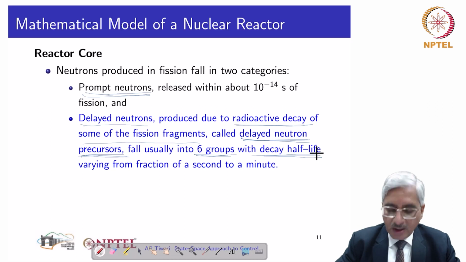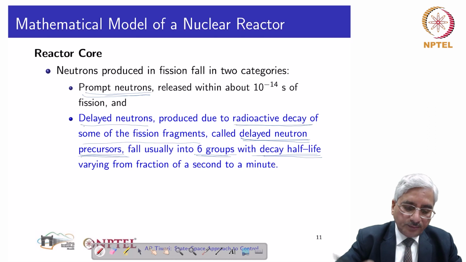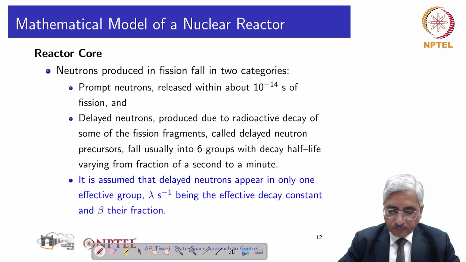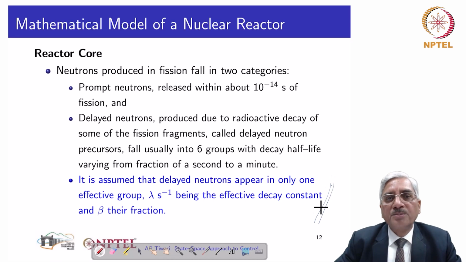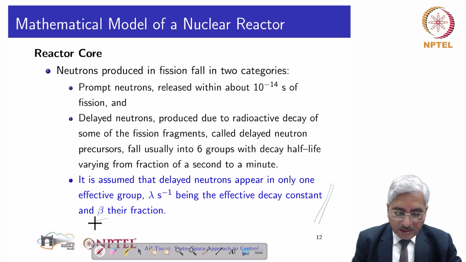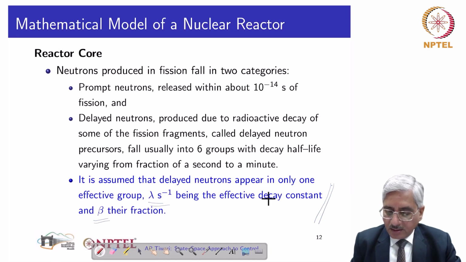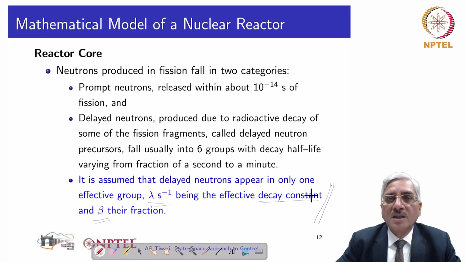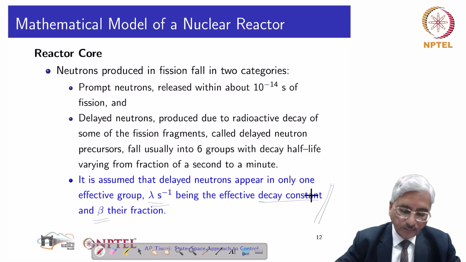So we lump all the delayed neutron groups into one effective group. Beta is its fraction and lambda is its decay constant. Decay half-life will depend on lambda inverse.